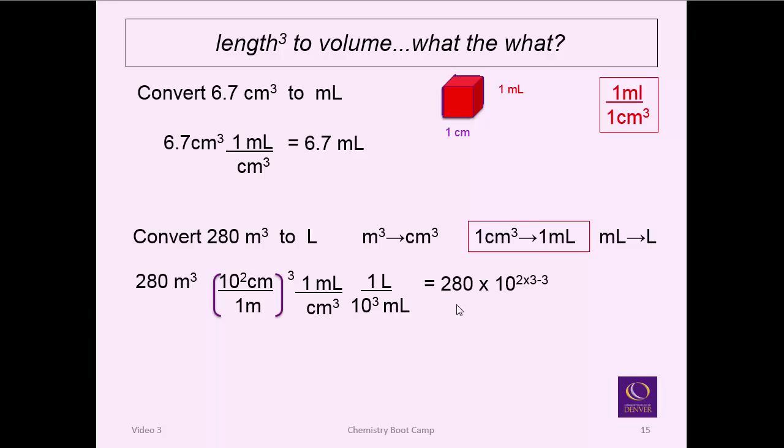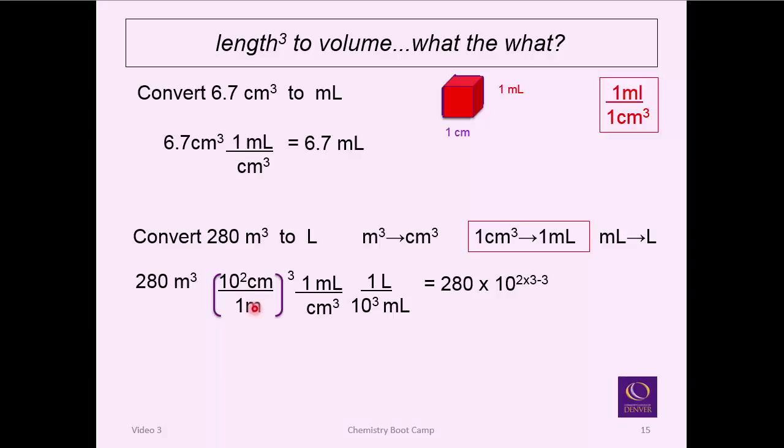And if I work this out, I'm not so focused on the dimensions, because if I look through there, those will all cancel. Cubic meters is gone, cubic centimeters is gone, milliliters is gone. I'm left with liters. And when I say they're gone, they've gone to 1. Okay?